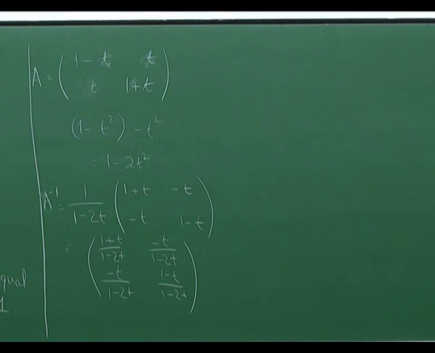These are not polynomials. So we can't invert every matrix whose determinant is non-zero and get a matrix whose entries are polynomials. We may end up with a matrix whose entries are rational functions, because this determinant comes in the denominator and this is not a field. So, after dividing you are no longer in this thing.